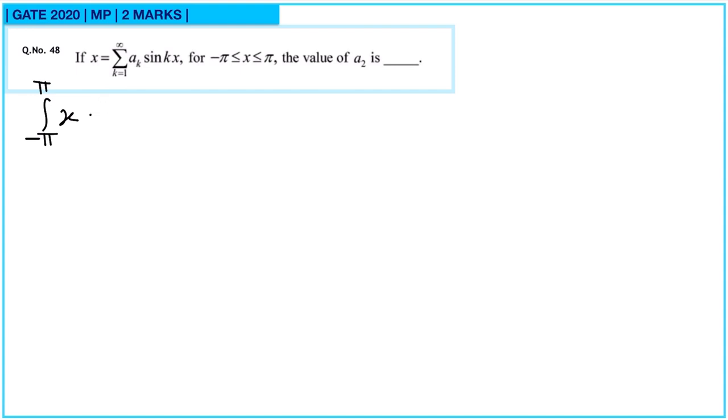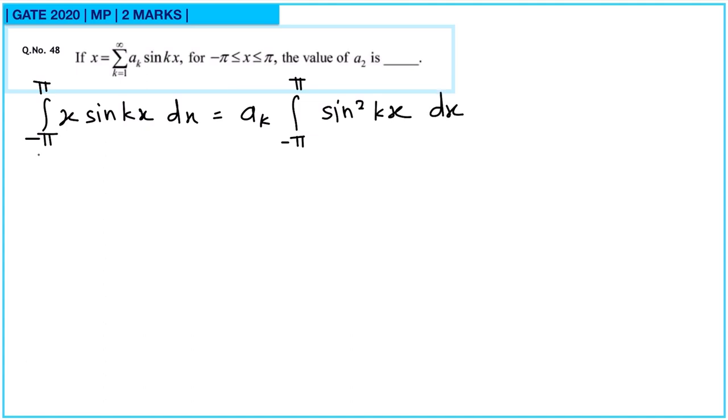So this will be x sin kx dx is equal to, this a_k we can take common, and we have integration from minus pi to pi of sin kx into sin kx, which is sin square kx dx. Here we have complete summation and all terms will be there, but only that one term will survive for which this k and this k are the same.